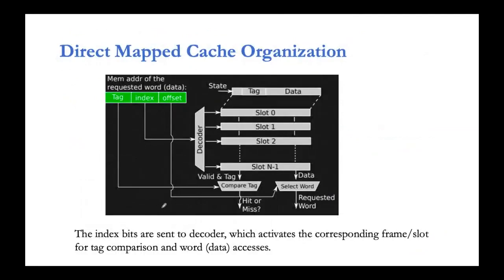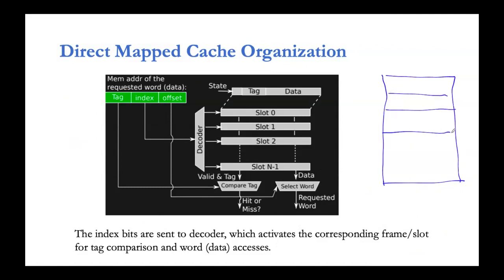So how does direct mapping take place? Let me just recall that the cache has a number of frames. Every frame is divided into three different components: one is your tag, another is your status bit, and another is your data.